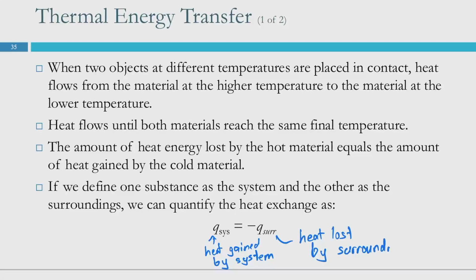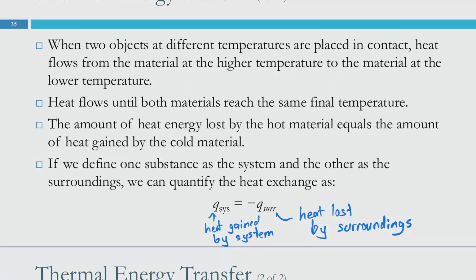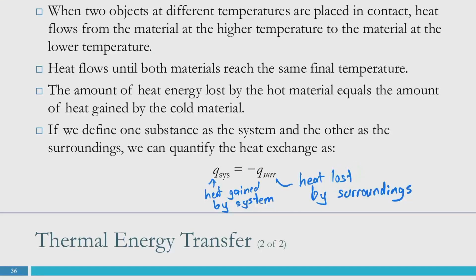Or the heat gained by one object is equal to the heat lost by another object. I'm saying heat gained here for this one because it doesn't have a negative sign, so it's positive. It's a heat value put in. And for our Q surroundings, it's negative, so that's heat loss.